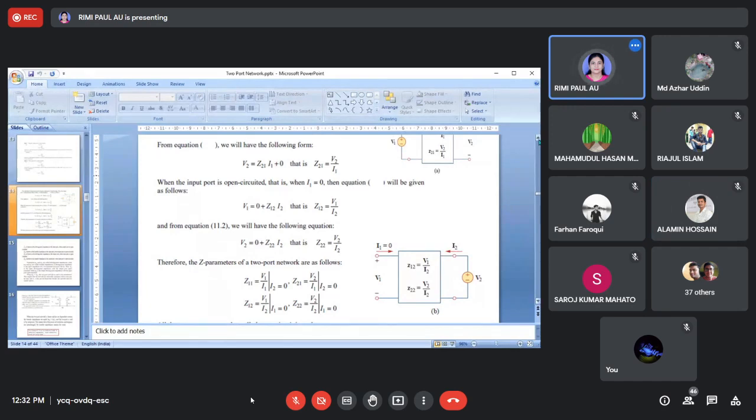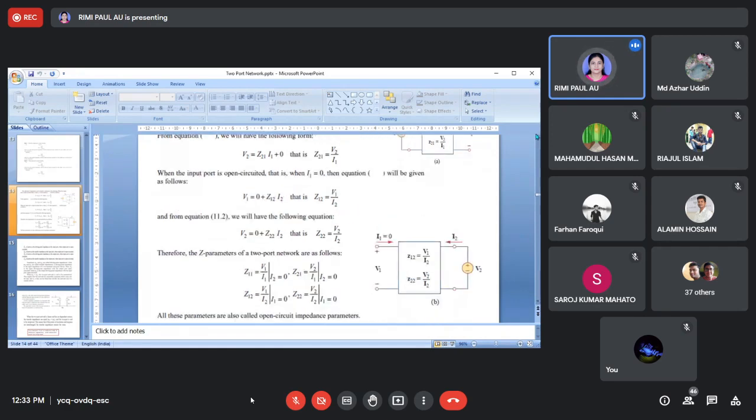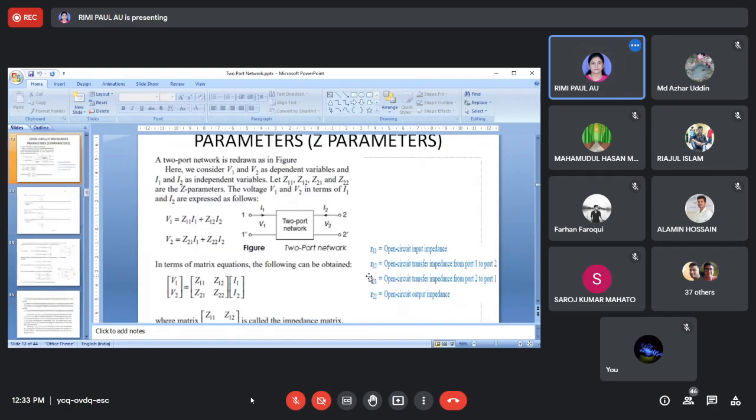So if I give the supply voltage V1 here, current is entering this network, and if I give supply voltage V2, current is entering here too. That's why we take the equations. Using V1 and I1, we can write one equation: V1 equals Z11 I1 plus Z12 I2.